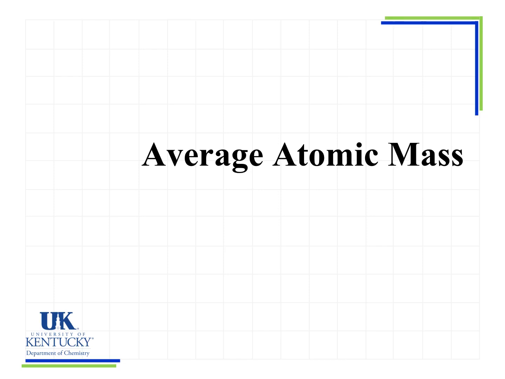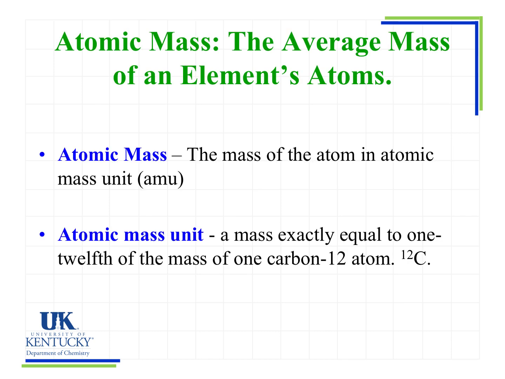Average atomic mass. So we are going to learn what average atomic mass is in this video. Average atomic mass is the average of an element's isotope masses. In the last video we learned about isotopes, and we know that in nature we might have different isotopes of the same element.